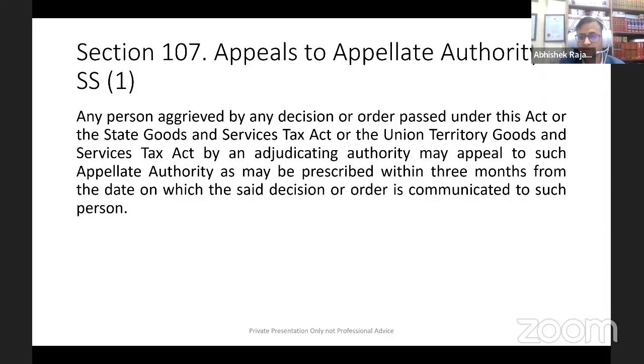So before jumping to this, let us understand what it means, principles of natural justice and personal hearing. See, when a notice is issued to you, let's say it's under section 73 or 74, you would be provided a time limit to submit a reply.